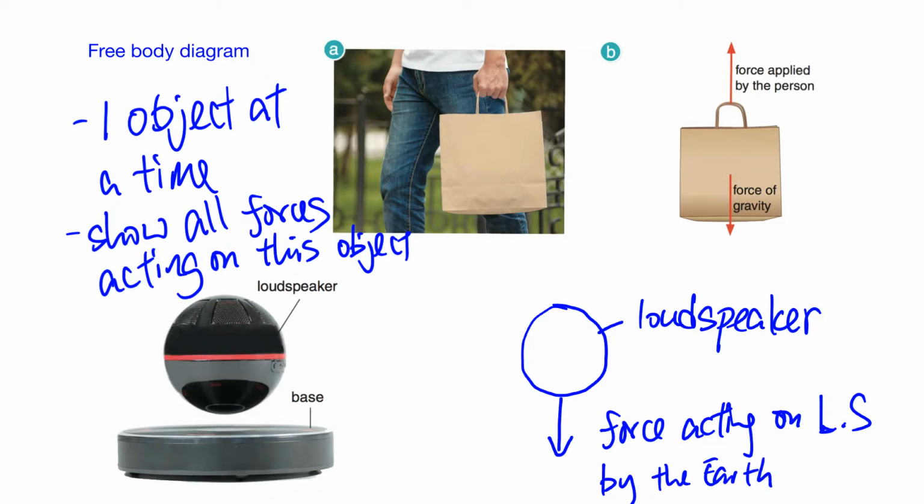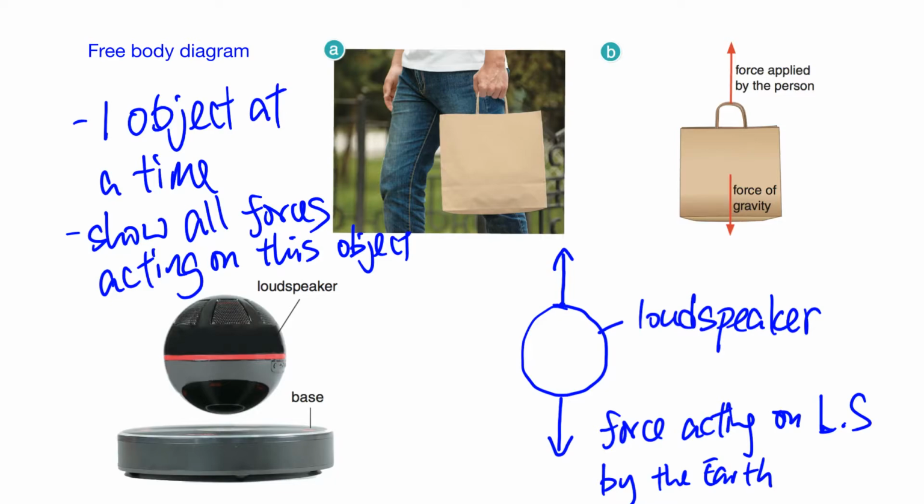But not only this, we see that the loudspeaker is not falling down. There must be a force pushing the loudspeaker upwards, so there is a force acting on the loudspeaker that goes up. Because it is acting on the loudspeaker, the end of the arrow has to touch it. Someone will say, is it necessary to point right here?